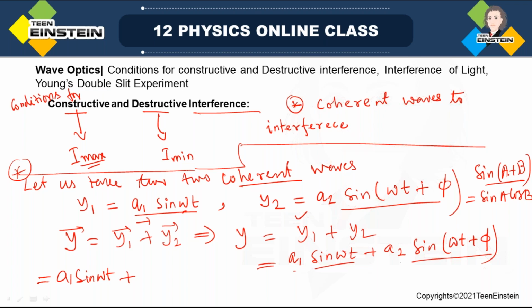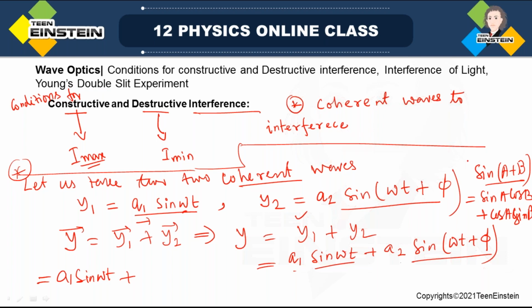So this is the addition format, and we'll go for the multiplication format. This identity I am going to use here.